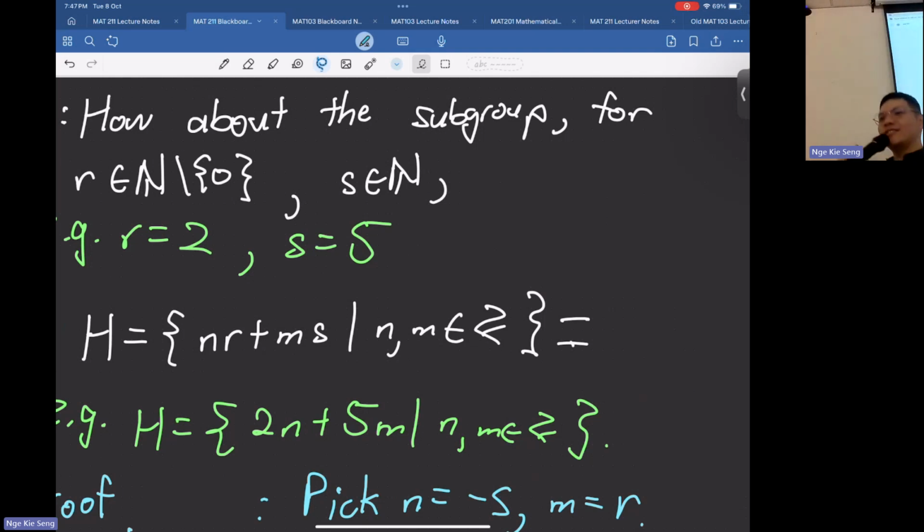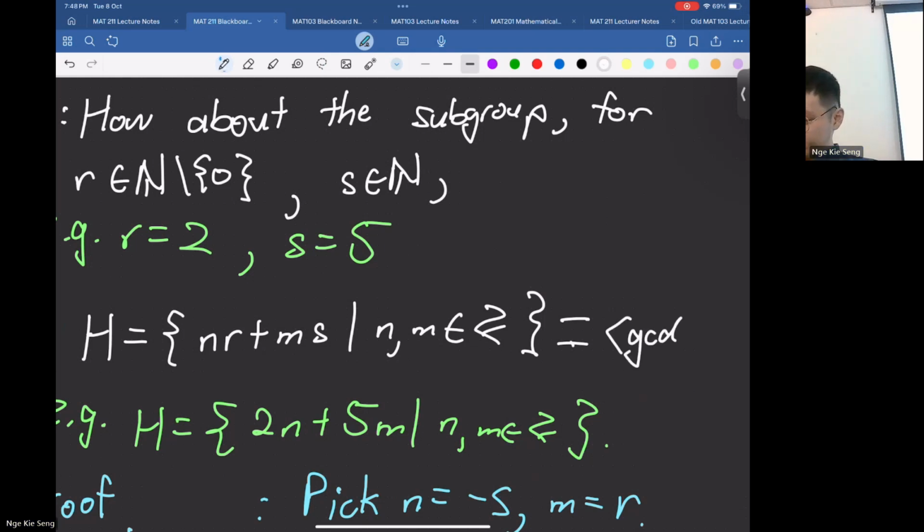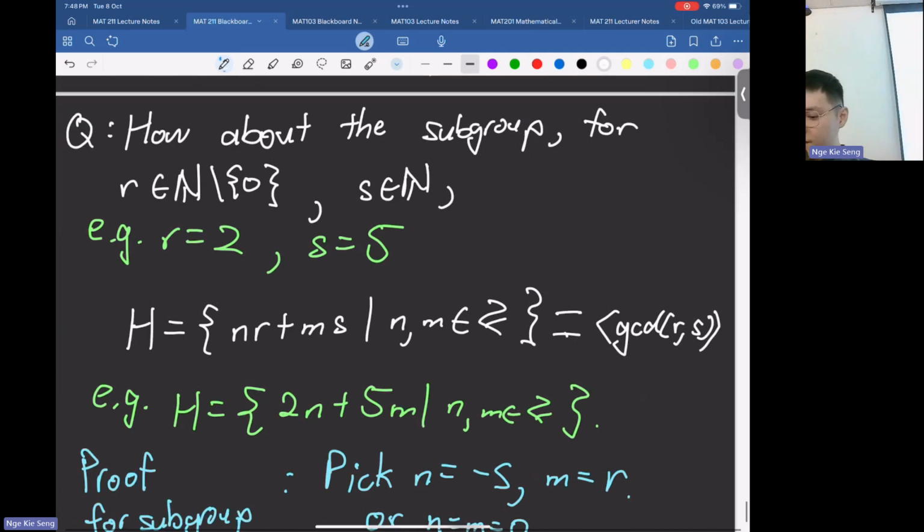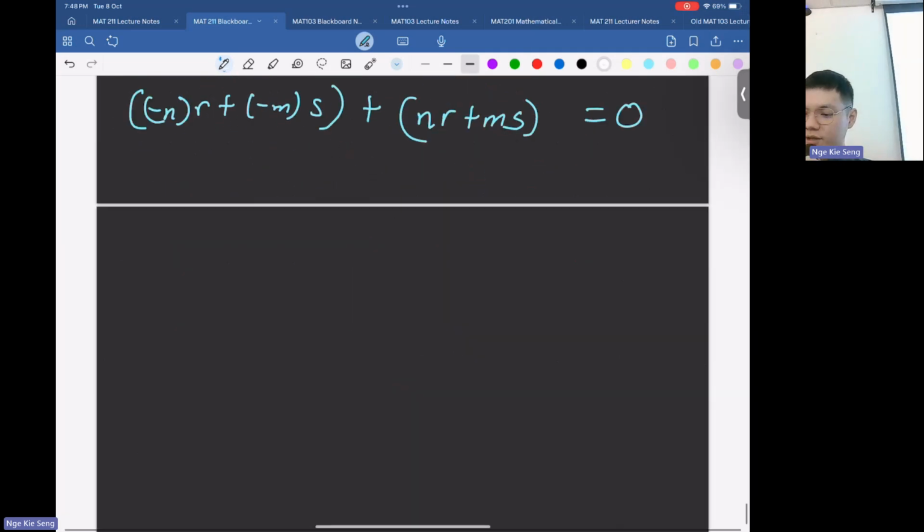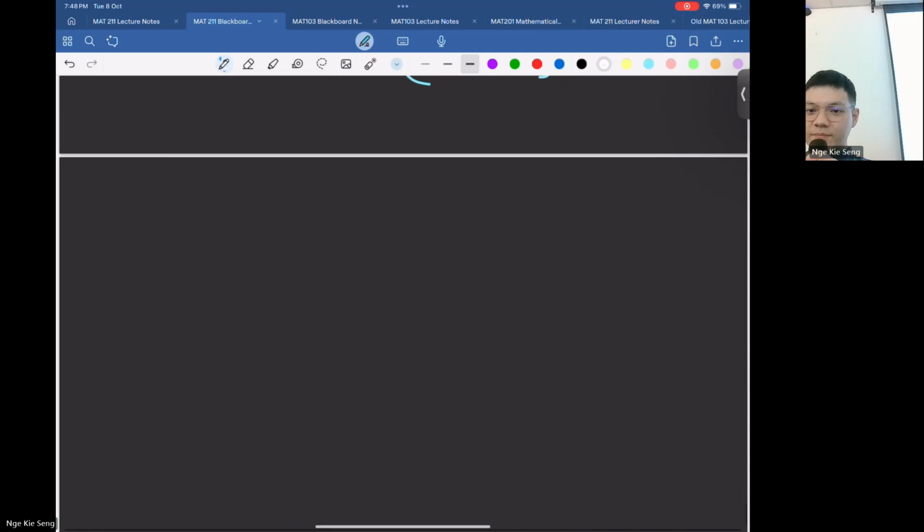My claim here is that this set is generated by the GCD of R and X. What's the theorem we use here? Maybe we should recall this in chapter 0.